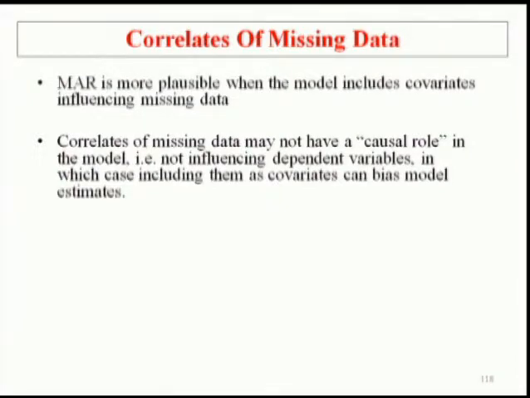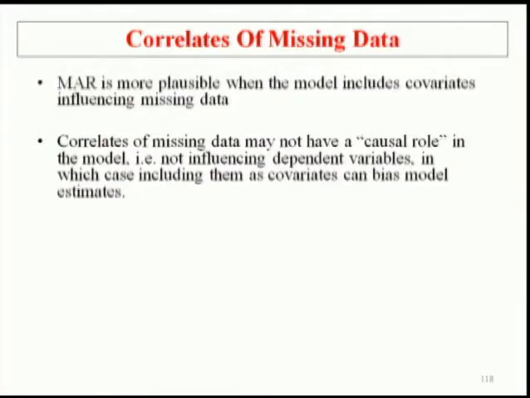So MAR is what is assumed in standard software, all kinds of standard software. If you do maximum likelihood estimation, the software is made for correct maximum likelihood estimation under the assumption of MAR. You cannot test for MAR. It's impossible to test if it holds or not. So you try to make it more plausible.